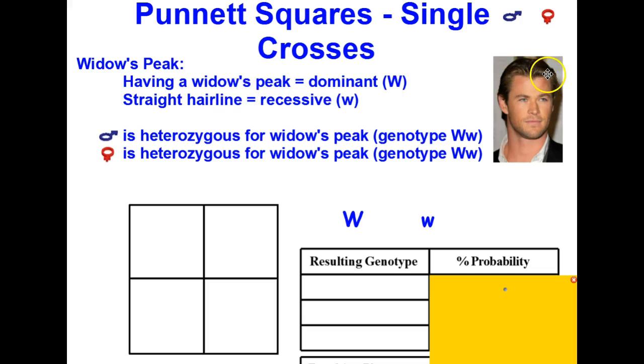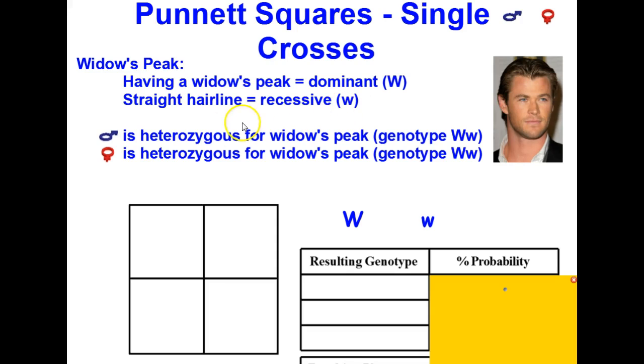Having a straight hairline, one that goes straight across instead of coming down at a point, is the recessive trait, so we give it the little w. We would not use S; we take the dominant trait's letter, and because it's recessive, we make it lowercase.